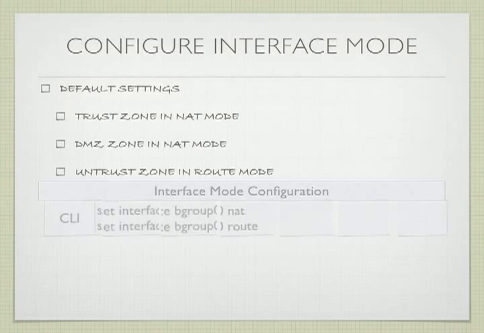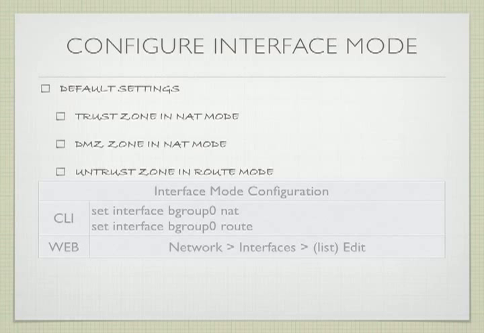You can configure the interface mode on the command line: set interface bgroup0 nat, and set interface bgroup0 route. By default, in the default configuration of a branch ScreenOS device, bgroup0 is going to be the trust zone.